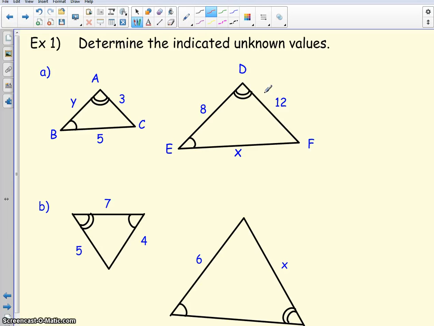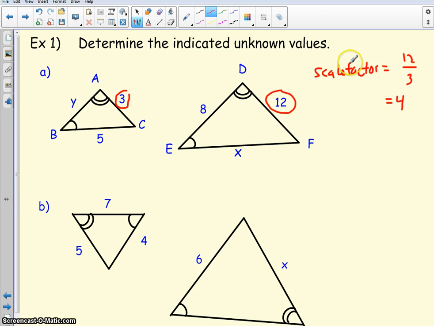This means there's going to be a scale factor between these two. You look for a pair of corresponding sides that we know. Over here, we know that side DF corresponds to side AC. So we can find our scale factor, again larger over smaller: 12 over 3, which simplifies to 4.